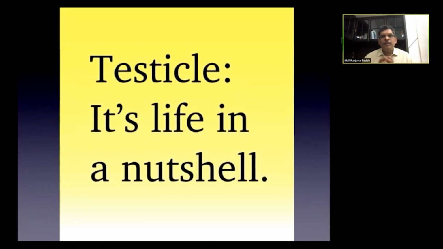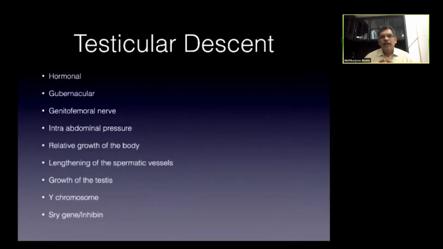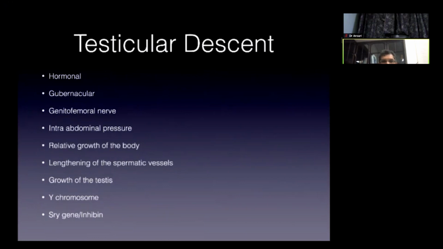First and foremost, part of the undescended testes is the mechanisms of descent. Now, do we have any specific idea in terms of what are the primary causes of the mal-descent of the testes?